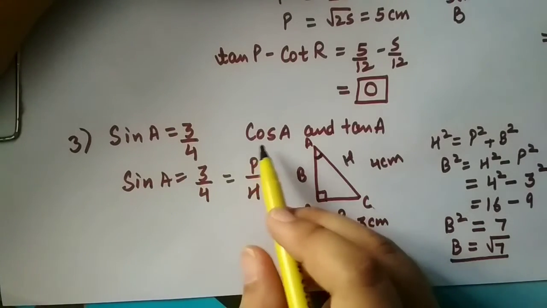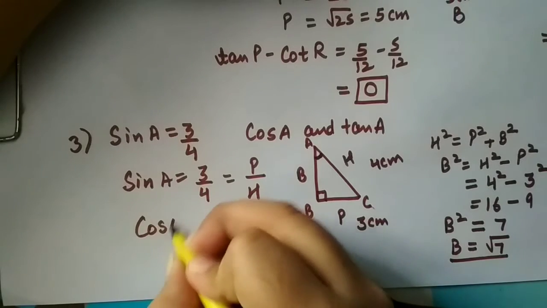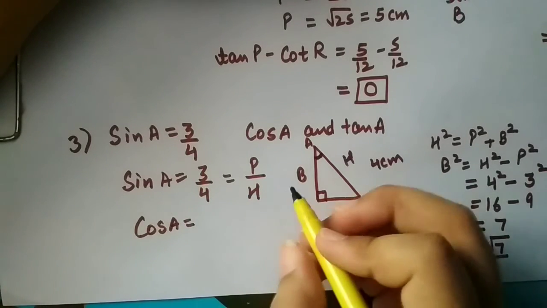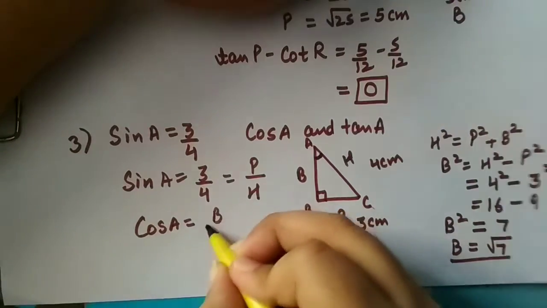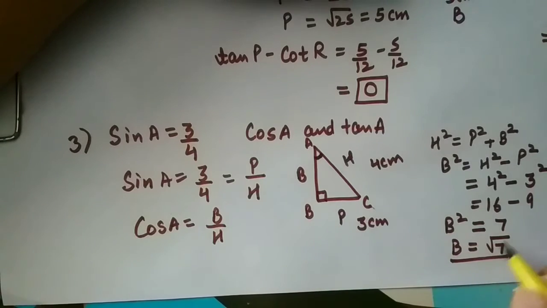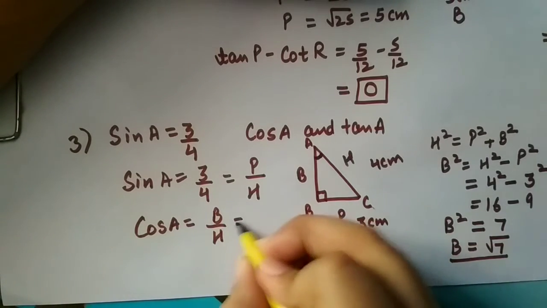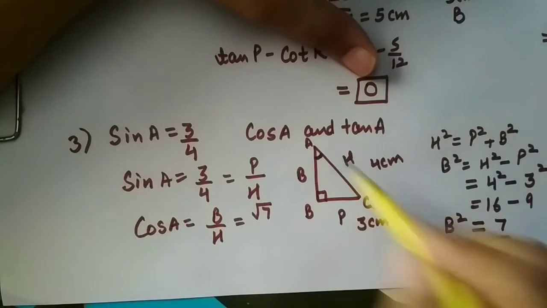Now you need to find cos A. Cos A is base upon hypotenuse. Base is AB, which is root 7, and hypotenuse is 4.